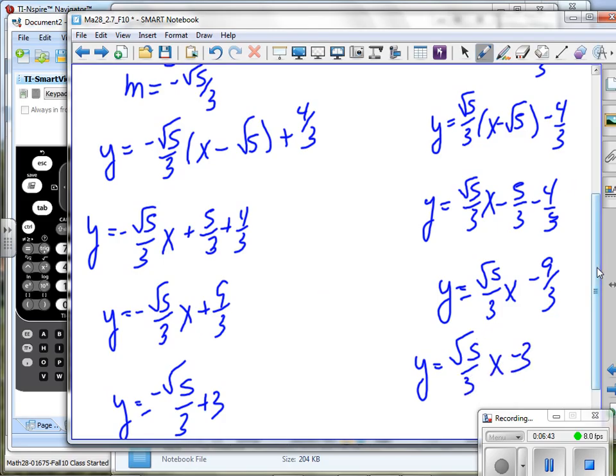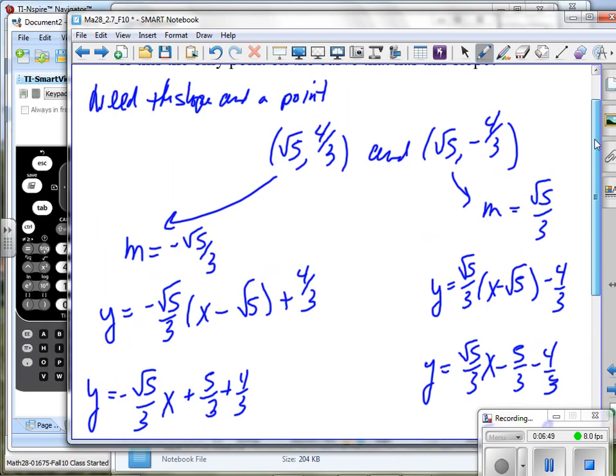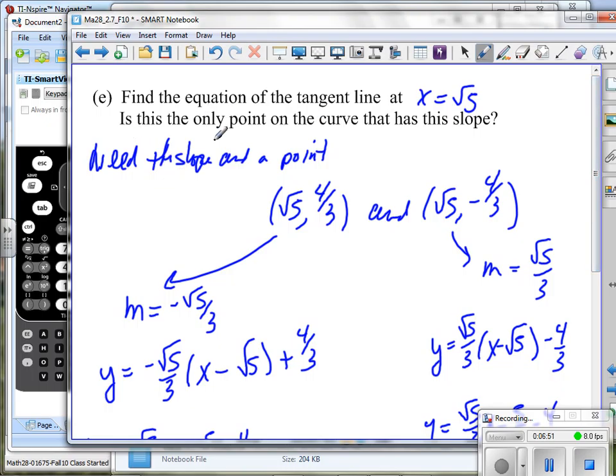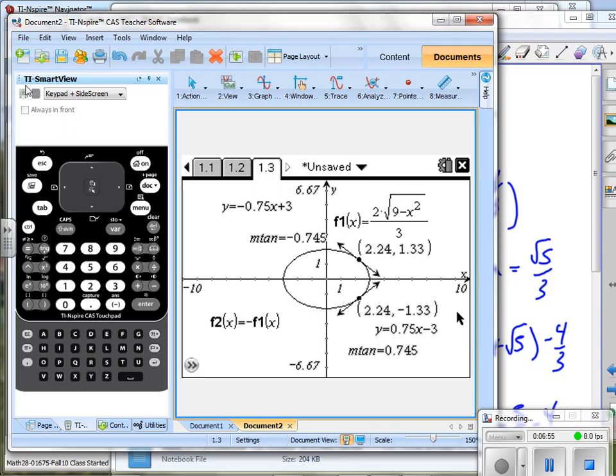Now the question says, is there another point on the curve, though, that has the same slope? Is this the only point on the curve that has this slope? Let's take the slope of positive square root 5 divided by 3. Is that the only point on that curve that has that same slope?